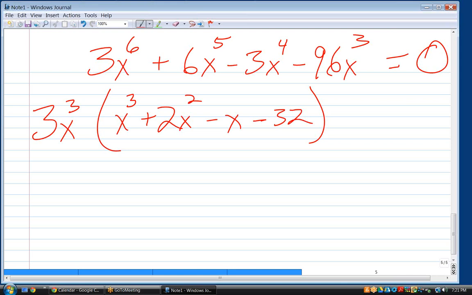Okay, so now that that's equal to 0, I know that either x is 0 or this whole cubic is 0.